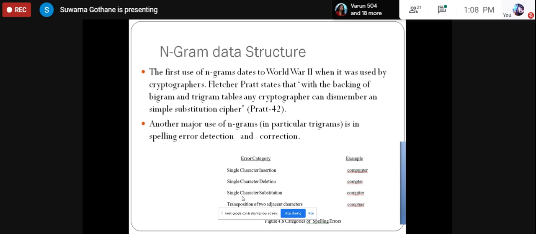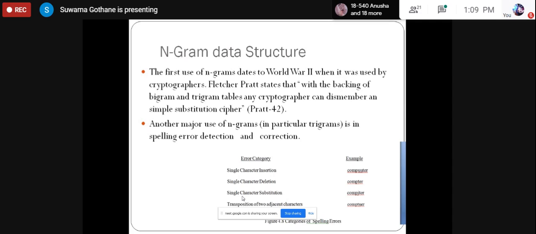At that time it was used by cryptographers to encrypt and decrypt text, meaning a coding language was used which could not be understood by the other team participating in the war, so that the confidentiality of the data was maintained.